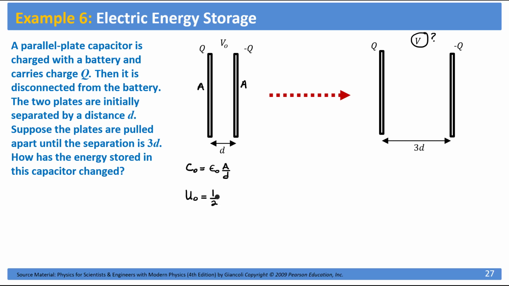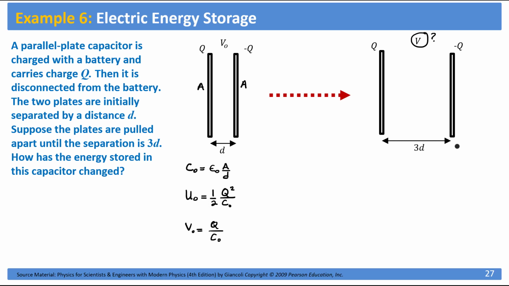Now, there are three different expressions that we can use, but since I know that the charge doesn't change on the capacitor in its initial and final state, I'm going to use Q squared over C. In this case, it will be C0. And V0 is equal to, from our capacitor equation, Q over C0.